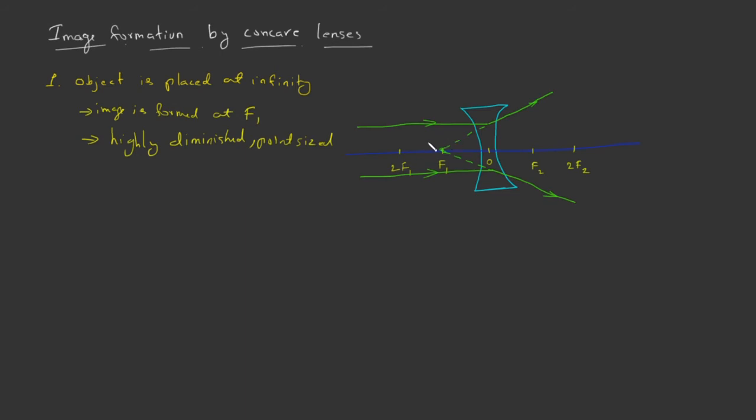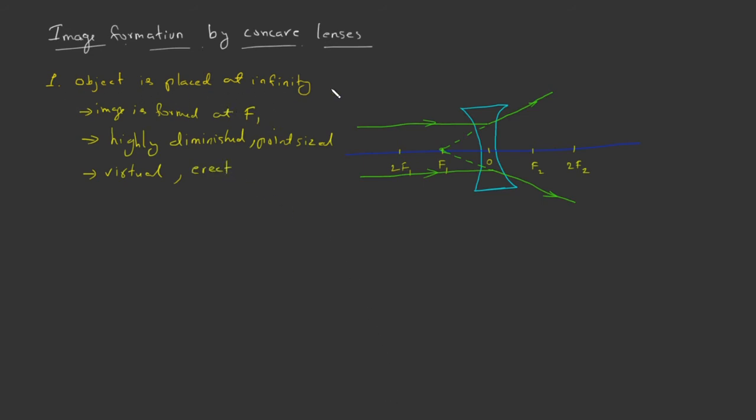So, the size of the image is highly diminished or point sized. Also, you can see the image is virtual because it appears to be coming from the principal focus here. So, it is virtual and erect.